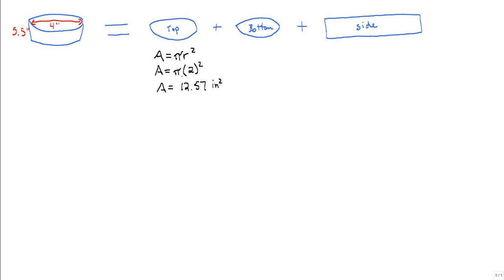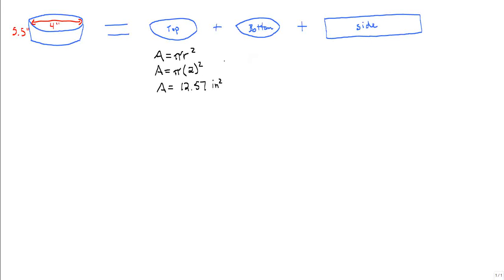And this is all done on calculator, so you don't have to worry about what the number is for pi. Punch it in on a calculator and you'll get the correct answer. Now, since we have an exact replica of the top, which is the bottom, this is basically going to be identical.